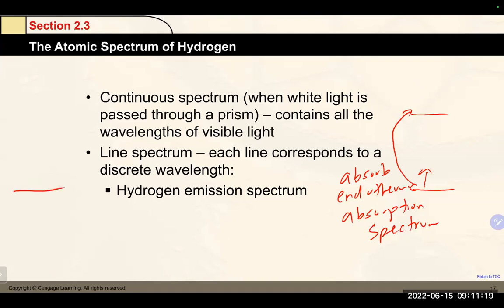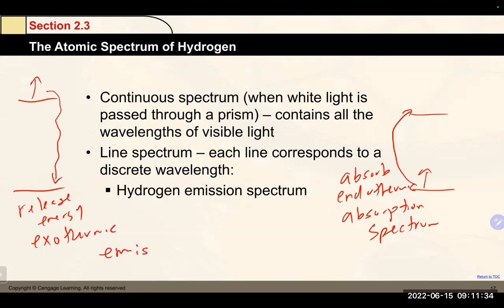When an electron is already in a higher energy level and is relaxing back down, that obviously is releasing energy, and that is exothermic, as we talked about. And that is usually what is referred to as an emission spectrum.